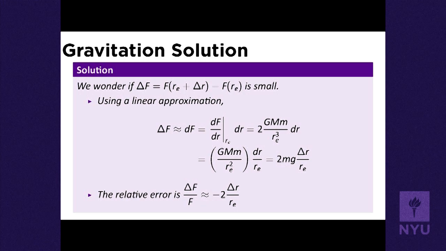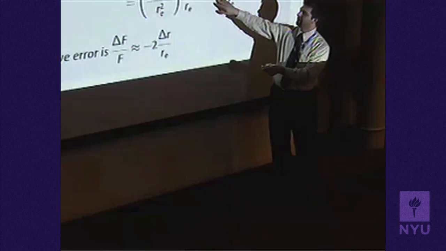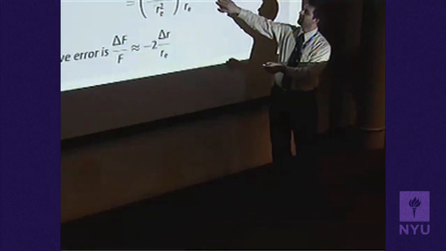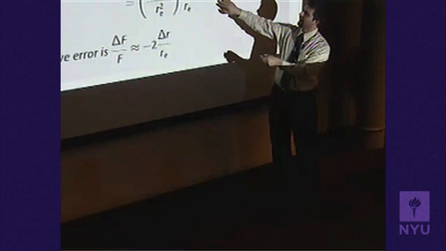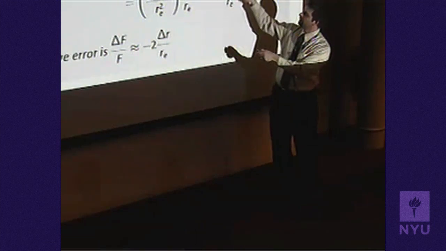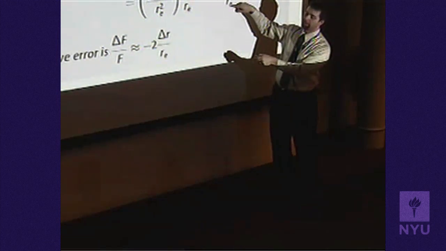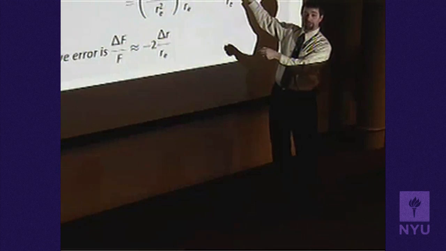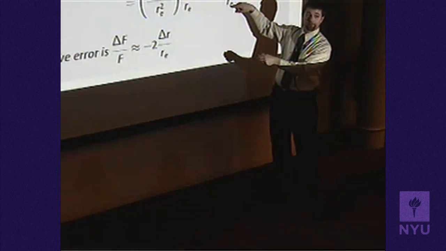And we're going to multiply that by dr. But because we know that g times m divided by radius of the Earth squared is g, then we can rewrite this expression as negative 2 m g times the change in r divided by the radius of the Earth. That is the height of the building divided by the radius of the Earth.